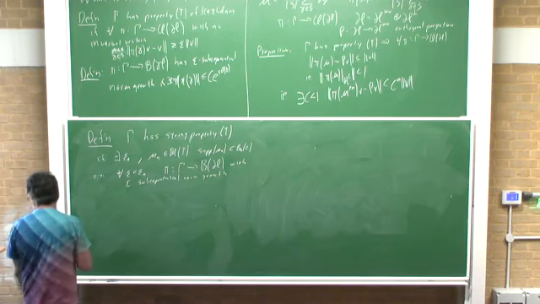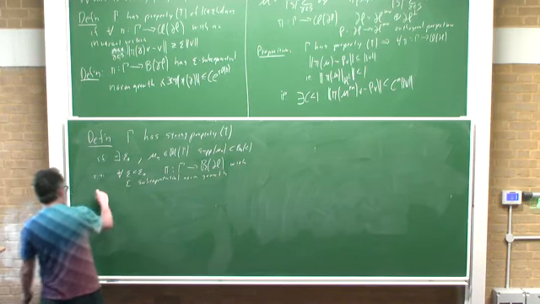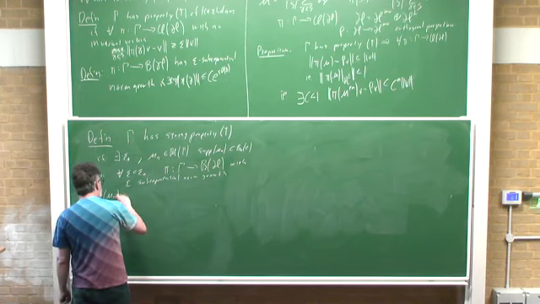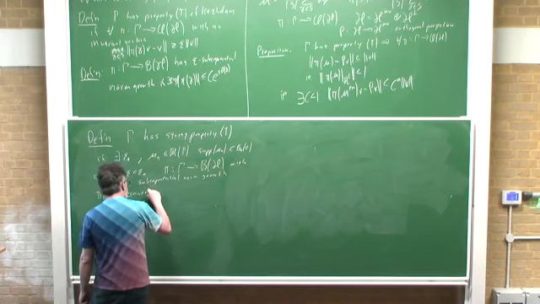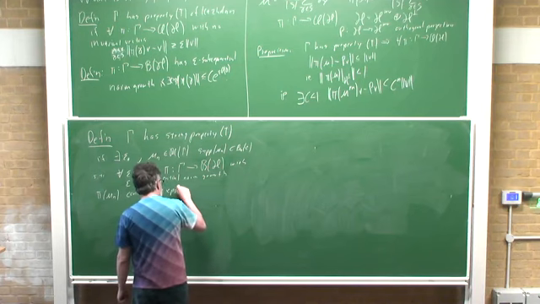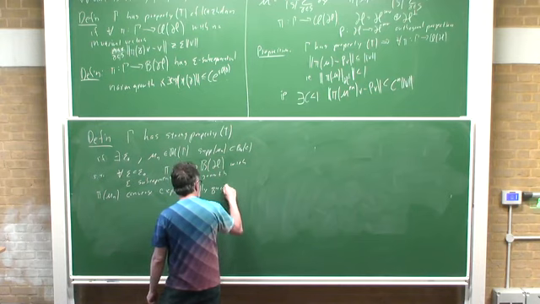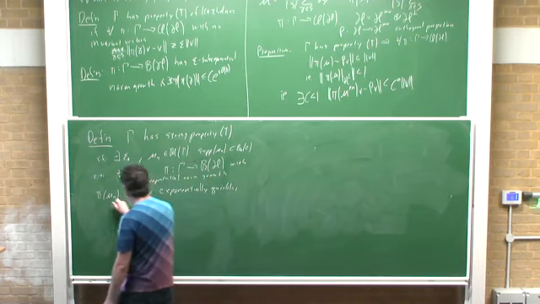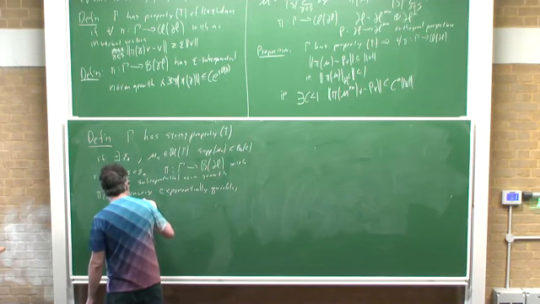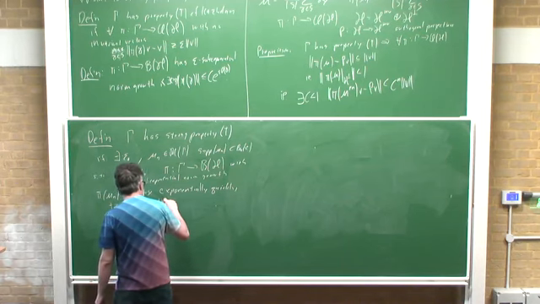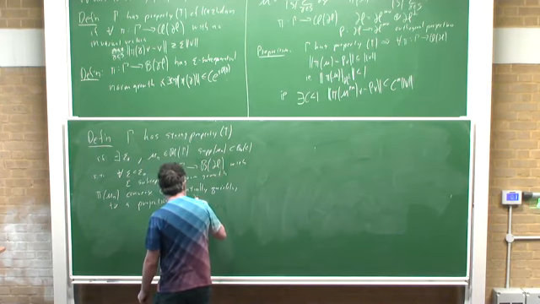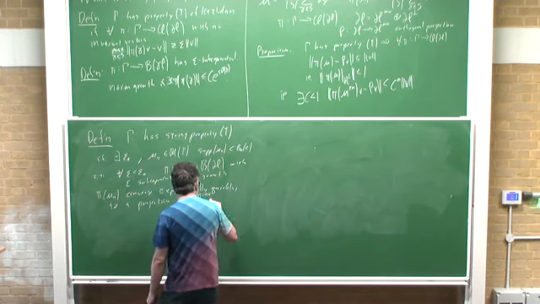What I'll say it informally first. It says that pi of mu n converge exponentially quickly to a projection on the invariant vectors.